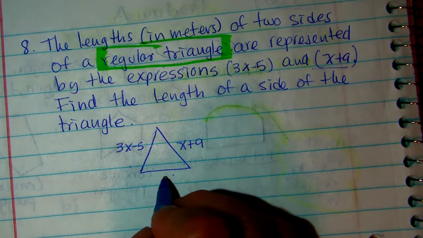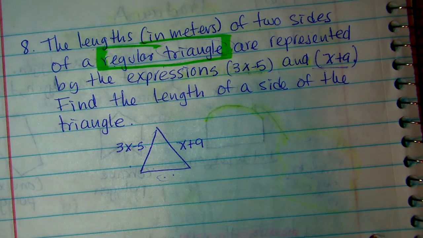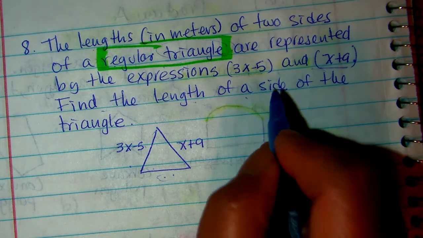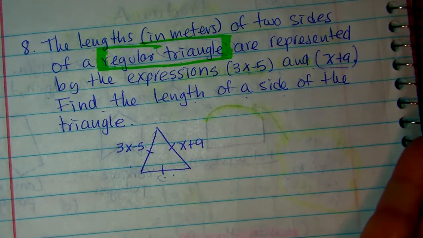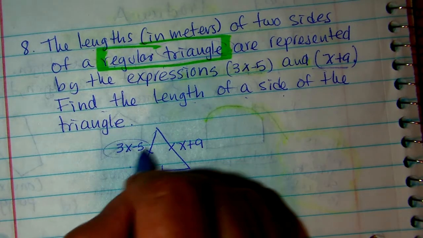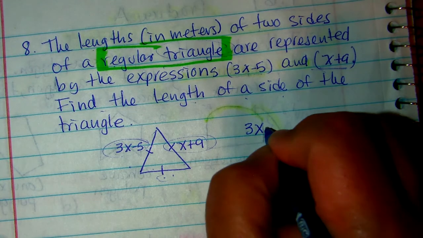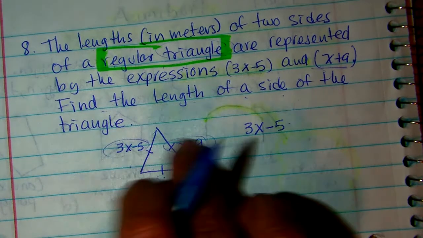Now, I could have put one of these expressions here, or here and here, okay? They're asking us to find the length of a side of a triangle. So, since I know that the three sides measure the same, I know that this expression is equal to this one. And I'm going to write my equation. Because I know that all of the sides are equal, so these two sides are equal.